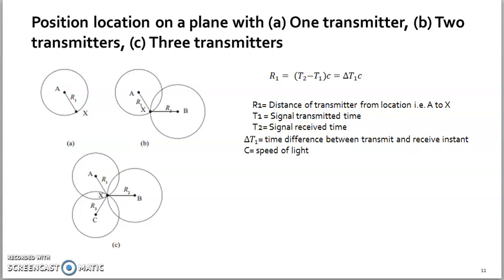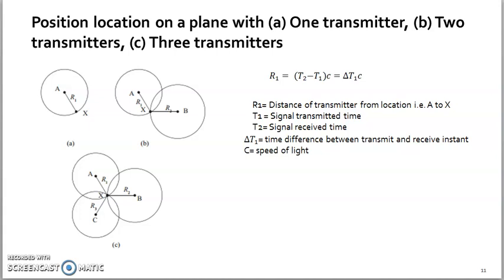In this case we can consider that here is one transmitter in figure A, 2 transmitters in figure B, and 3 transmitters in figure C. Here a transmitter, that is A, transmits a signal, and a receiver location is X on a plane.